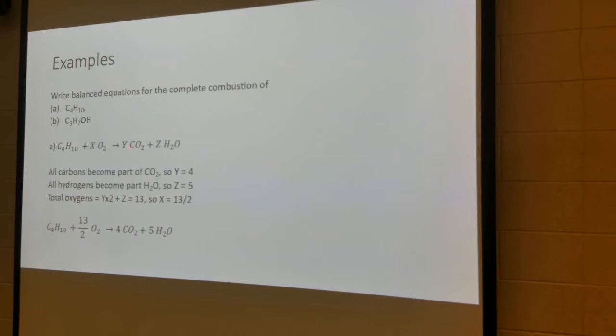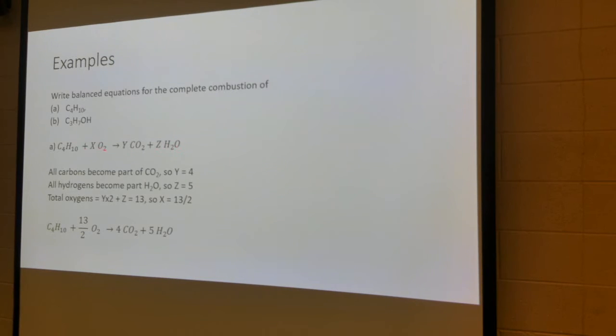Hydrogen, on the other side, is not in CO2, it's only in water. To find the amount of hydrogens, we have 10 at the beginning. Each water has 2, so I'm going to have 5 water molecules. Then, by finding the amounts of Y and Z, I know the amount of oxygens that I have. I have 4 times 2, which is 8, plus 5 times 1, which makes 13 oxygens.